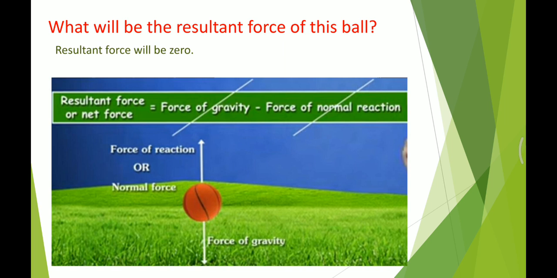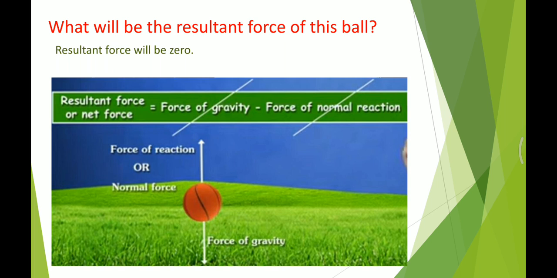How? Let's find out. When two forces act in opposite directions, then the resultant force or net force is equal to the difference of these two forces. That is, the force of gravity minus the force of normal reaction.